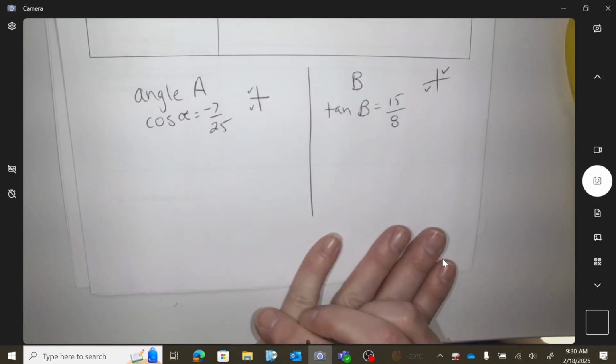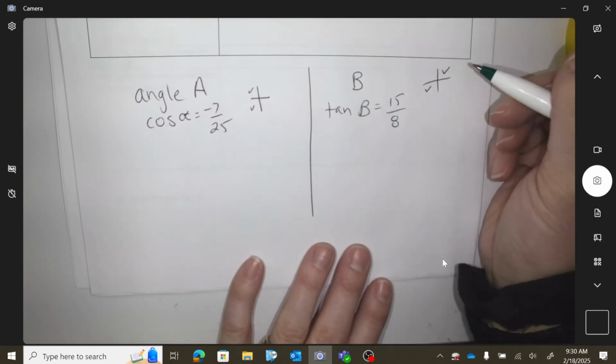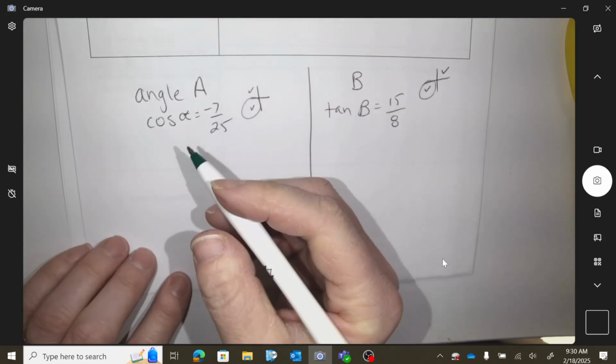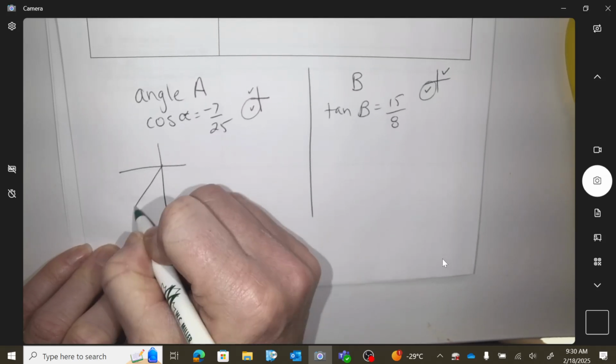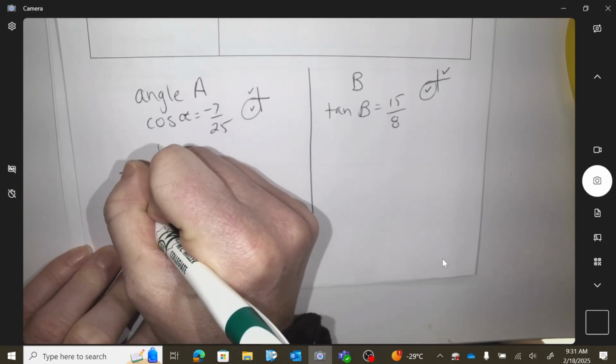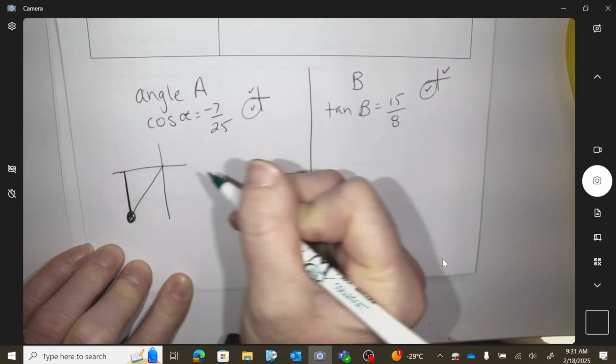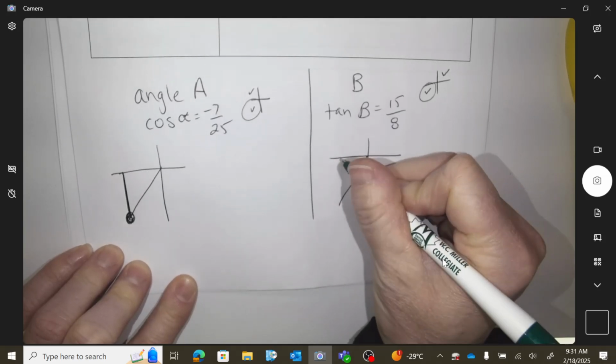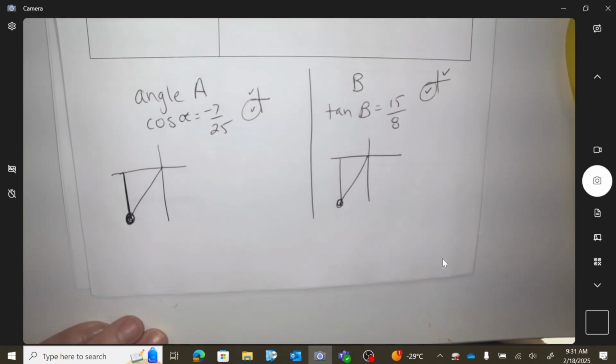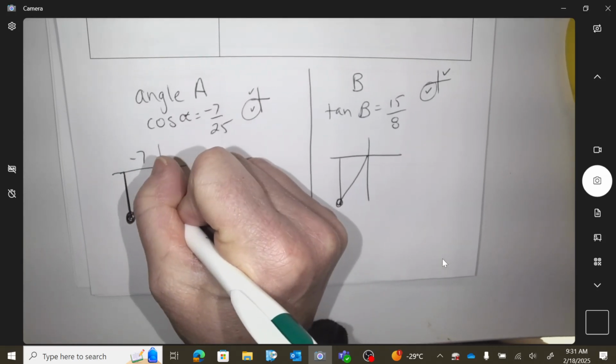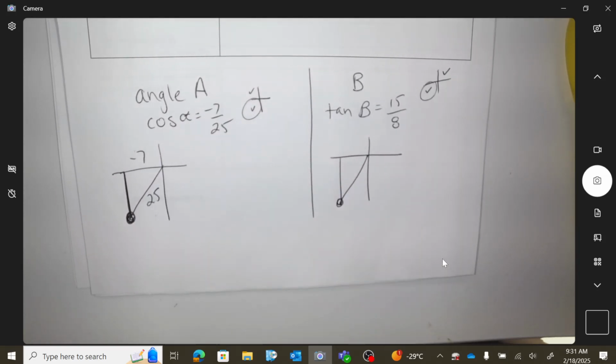So which one would work for both of them? Quadrant 3. Okay. So now quadrant 3, I'm going to put the -7 there and the 25 there for XR.